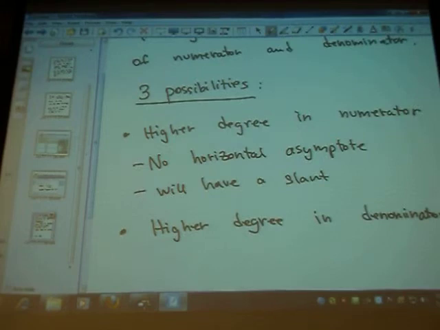Sometimes the fancy word for that is oblique. So I usually try not to use that word, I just call them slant. But sometimes your homework may, on rare occasions, use that word. It means the same as slant. In the case where you don't have a horizontal, you will have a slant asymptote.